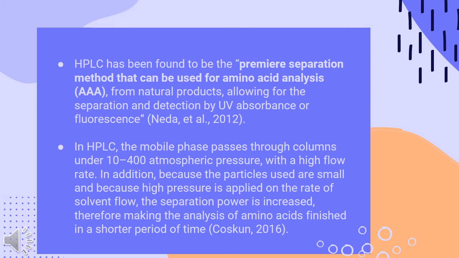In HPLC, the mobile phase passes through columns under 10 to 400 atmospheric pressure with a high flow rate. In addition, because the particles used are small, and because high pressure is applied on the rate of solvent flow, the separation power is increased, therefore making the analysis of amino acids finished in a shorter period of time. This is according to a 2016 study done by Koskun.